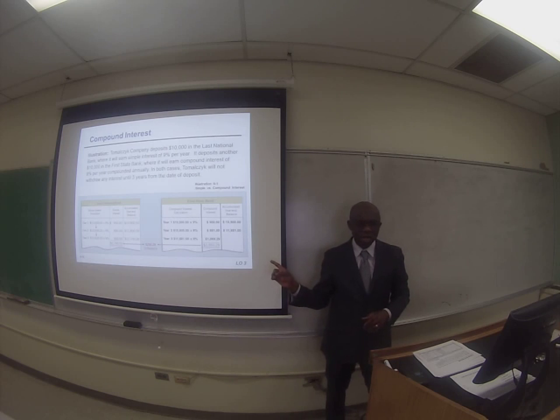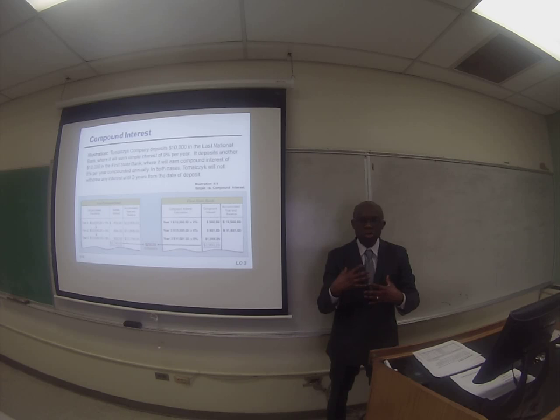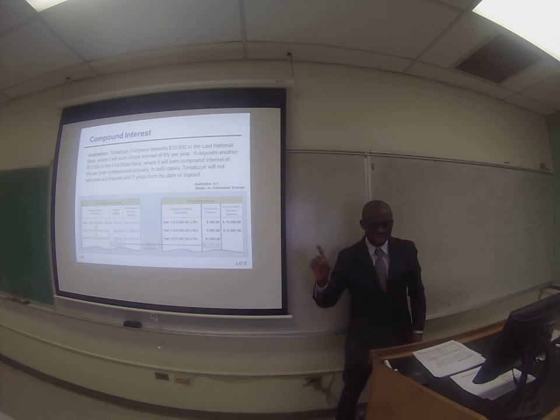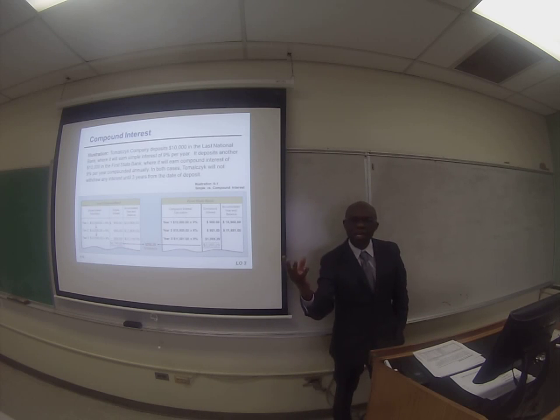Now, let's take a look at First Bank that promised to pay us interest compounded annually. So the first year, we earned interest of $900. That $900 was not given to us. So second year, the $900 is added to the $10,000 principal. So we now have $10,900 as the basis for computing or calculating the next year's interest.